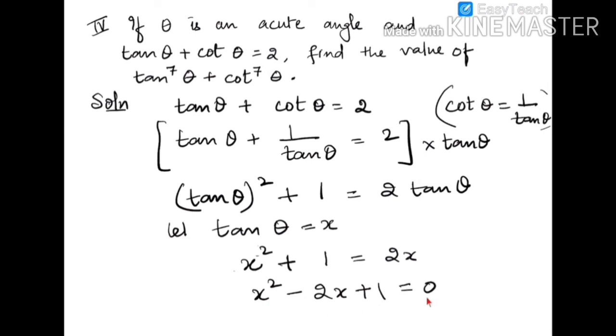This is a quadratic equation in x, and it is of the type a square minus 2ab plus b square. So we can write this expression as x minus 1 whole square equal to 0. On taking square root, we get x minus 1 equal to 0.